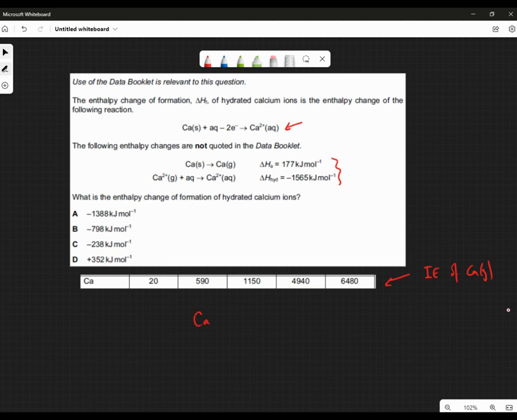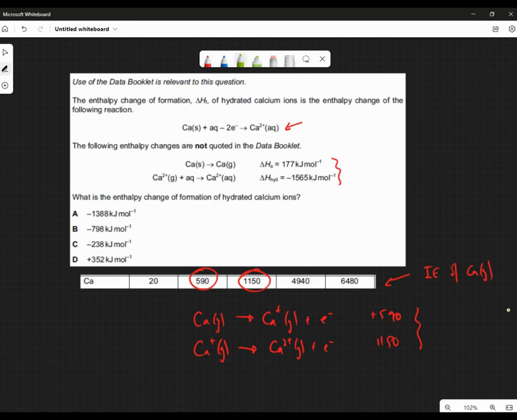Right, from calcium gas to a calcium plus gas plus an electron is 590. Okay, and then going from calcium plus gas to calcium 2 plus gas plus another electron, the second ionization energy is 1150.